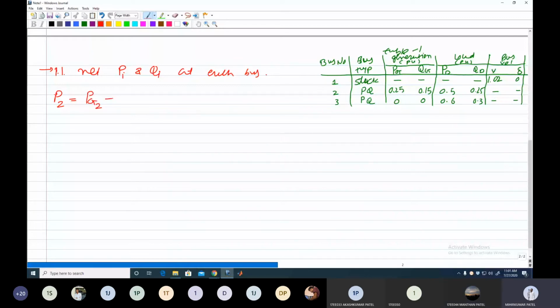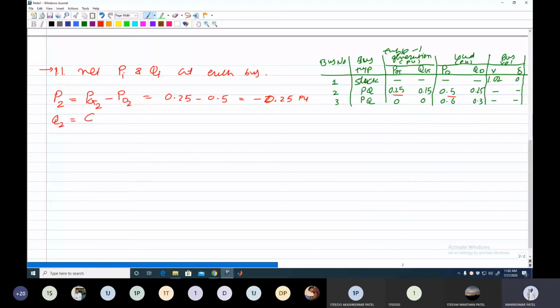Substitute the value of PG2 and PD2. So it is 0.25 minus 0.5. So the net active power at bus number 2 is minus 0.25 per unit.